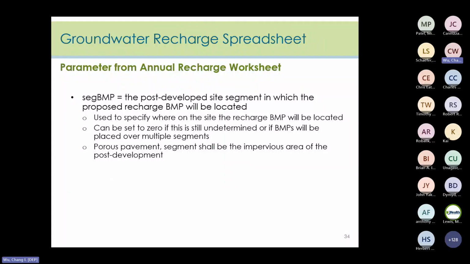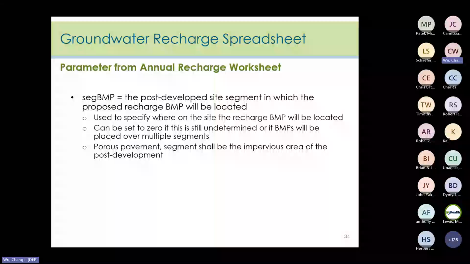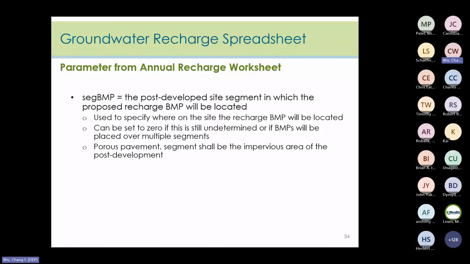One important factor is that the segment BMP means the post-development site segment in which the proposed recharge BMP will be located. That will match the land segment on the right-hand side of the first page, so use the segment number to specify where on the site the recharge BMP will be located.